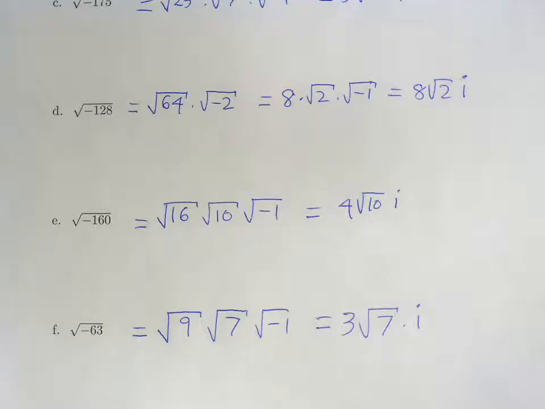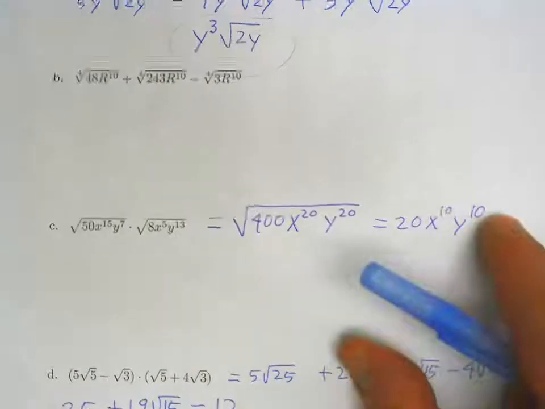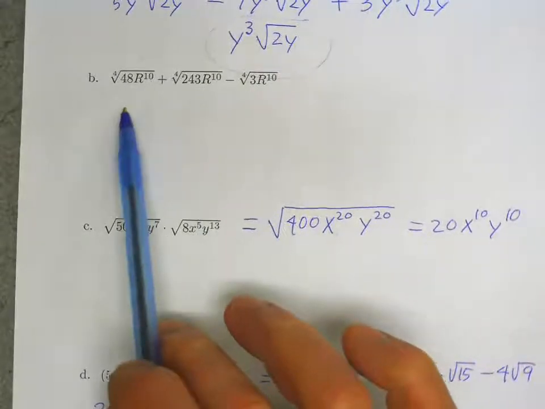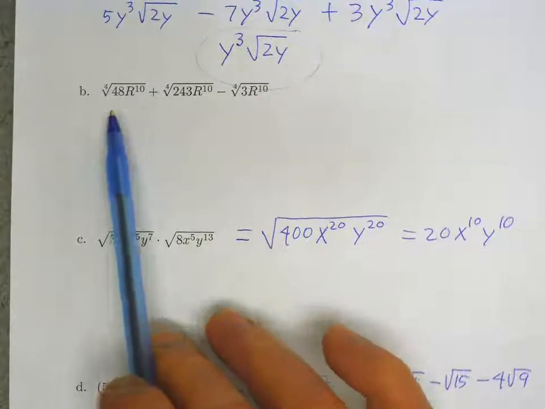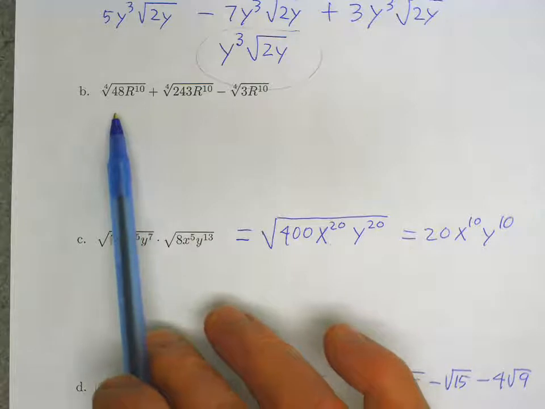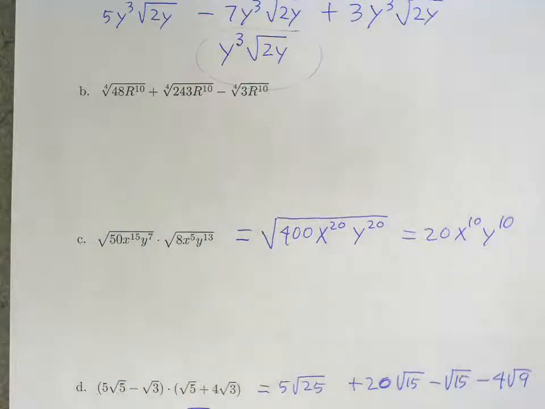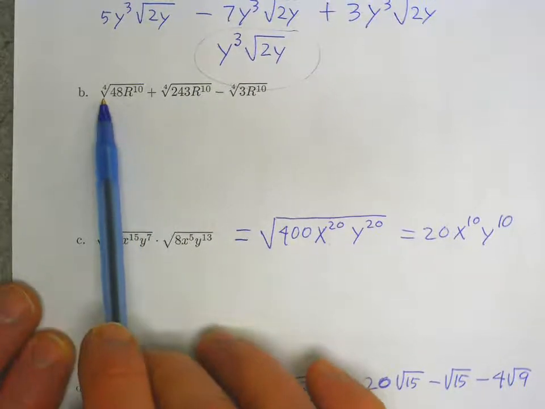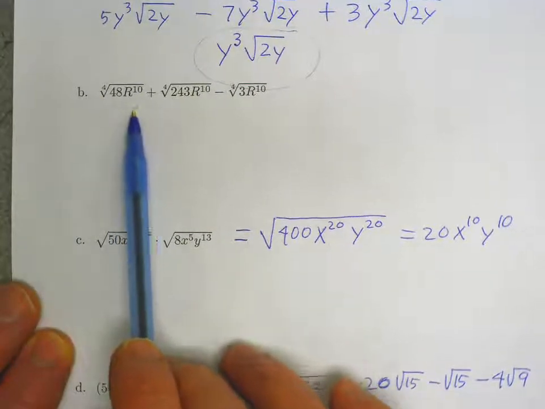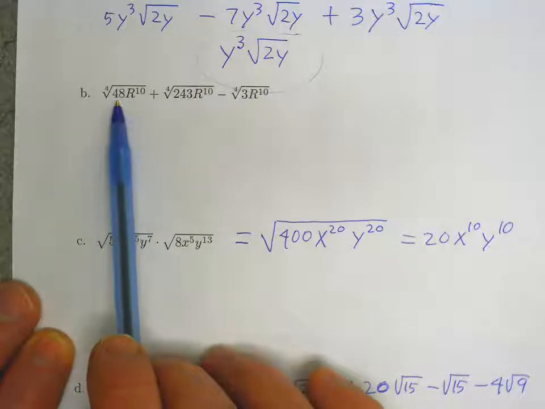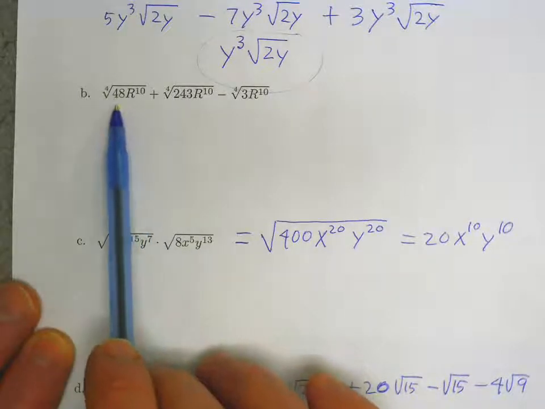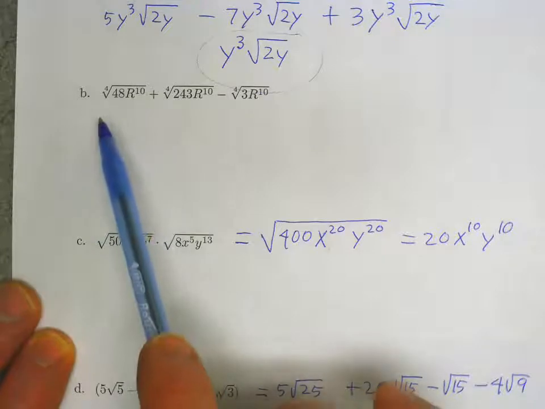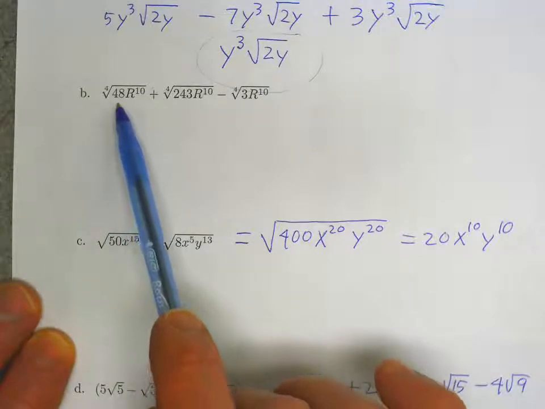I do have more than a minute left, so I could do this problem that we skipped over earlier. We're adding and subtracting some radicals. So we might be able to get through this. The fourth root of 48r to the 10th. The largest factor of 48 that's a perfect fourth power is 16, because 2 to the 4th is 16.